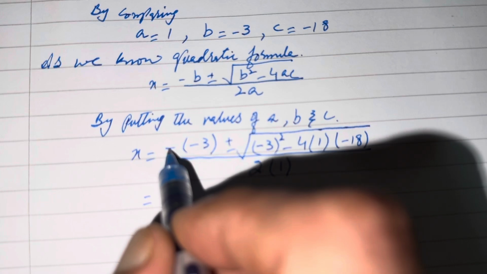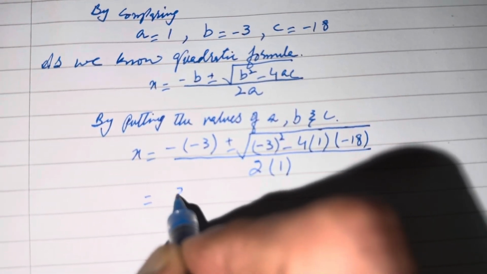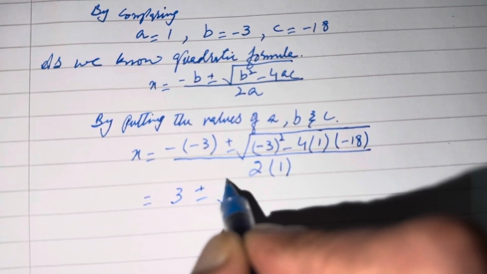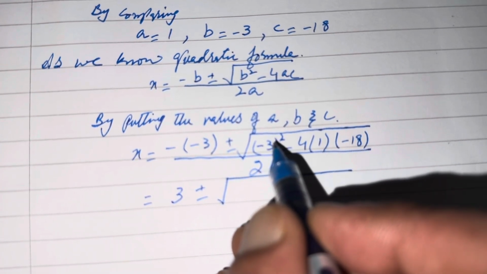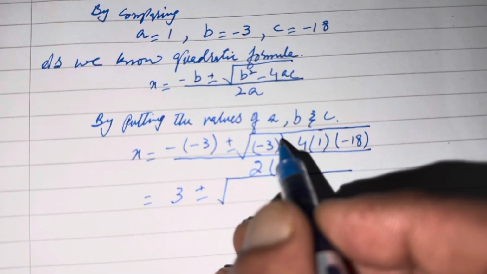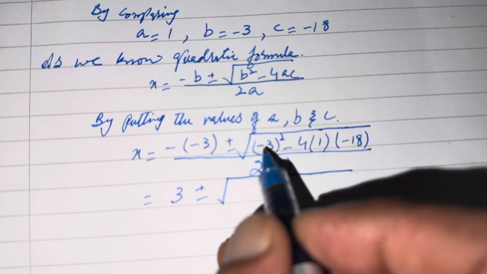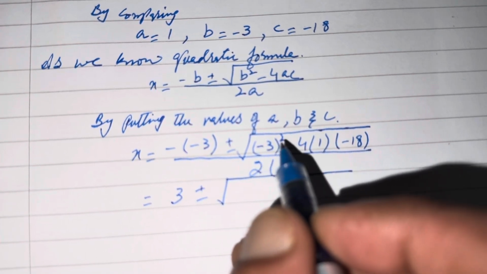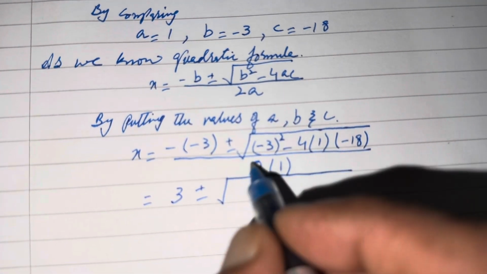Minus multiplied by minus changes into plus, so plus 3 plus minus under root the square of minus 3 will become positive 9, because when we multiply a square, this number will be multiplied by itself two times. So minus 3 multiplied by minus 3 will become plus 9.